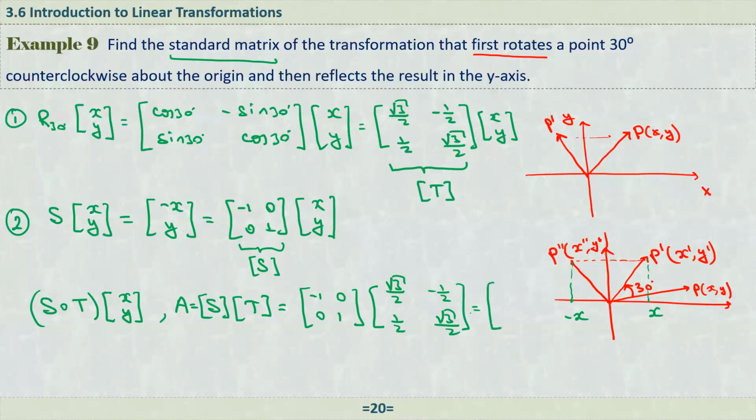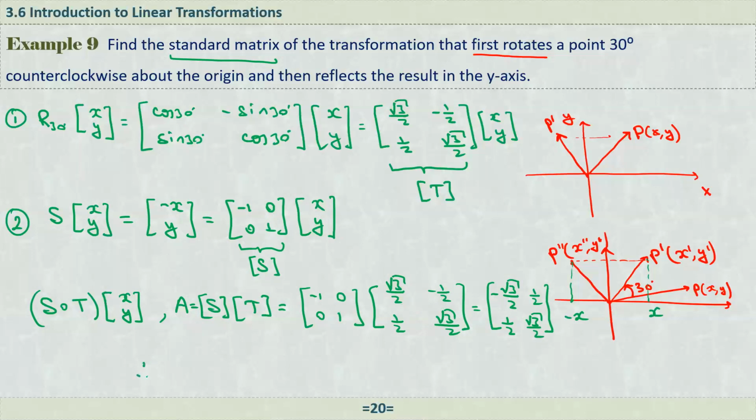If we multiply them together, here we have minus square root of 3 over 2, and multiplying by this, it is 1 over 2, and by this, 1 over 2, and by this, square root of 3 over 2.